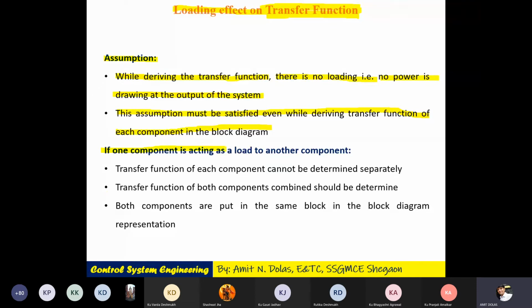If one component is acting as a load to another component, the transfer function of each component cannot be determined separately. The transfer function of both components combined should be determined, and both components are put in the same block in the block diagram representation.